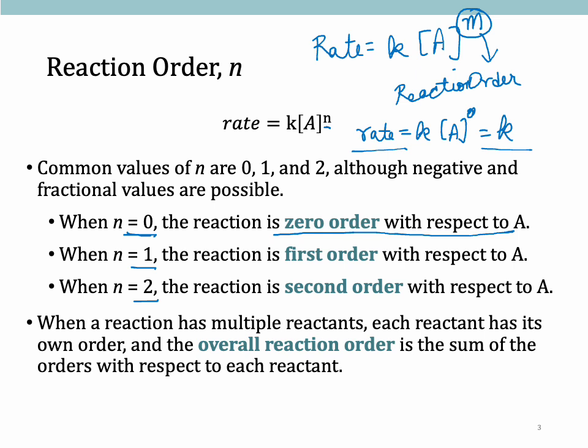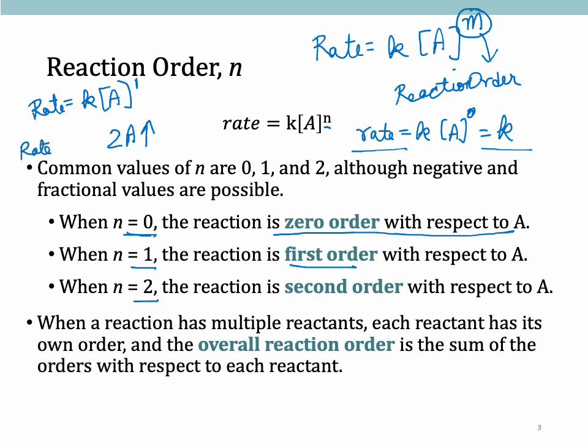The next is if n is equal to 1, that is first order reaction, which means rate is equal to k, A to the power of 1. A to the power of 1 means if I double the concentration of A, let's say instead of A I make it 2A, what will happen to my rate?